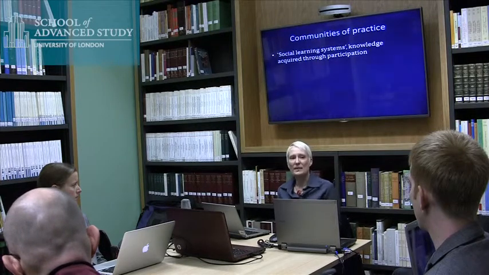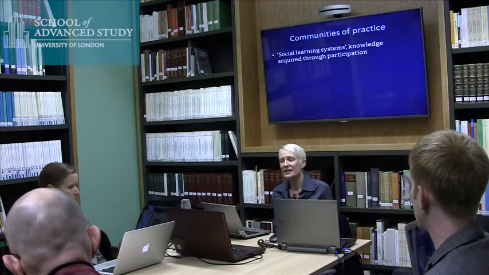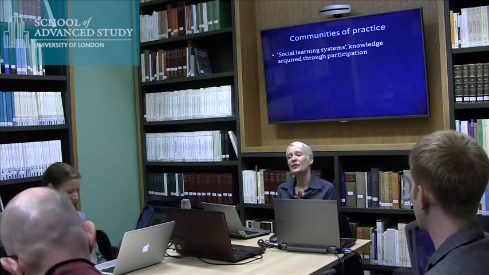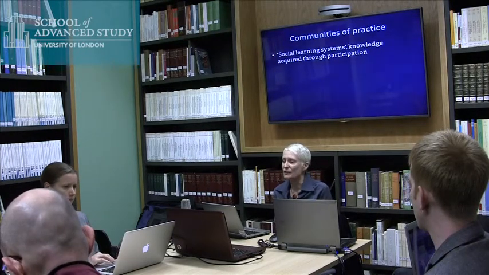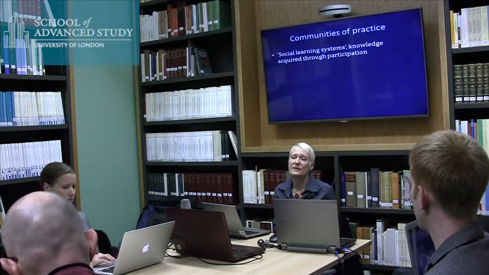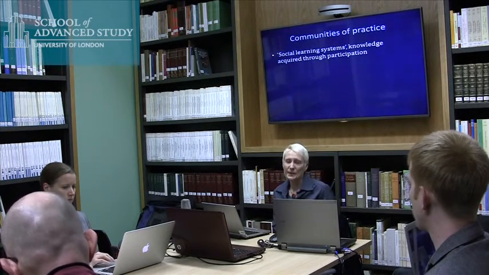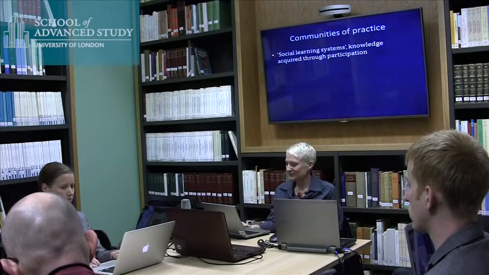So you might be a transcriber starting out with a really basic level of participation in a project, but the fact that there's a forum means that you can watch how other people are talking about the documents. So you're getting a sense of what they think of the documents, that there are different ways of thinking about the same documents, that not all documents are equal, not all sources are equal. So you're starting to learn some of the practices of being a historian.